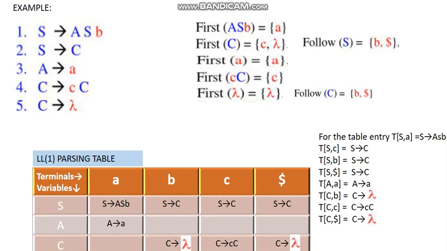Consider the production number 1. Here you need to find the first of RHS, and first of RHS is first of ASB. First of ASB is small letter a.